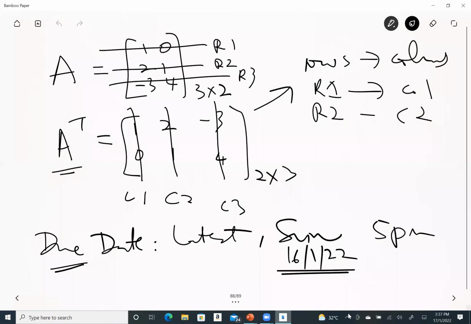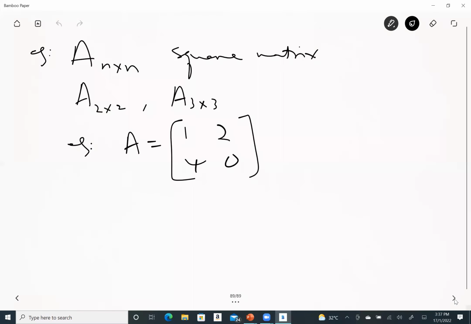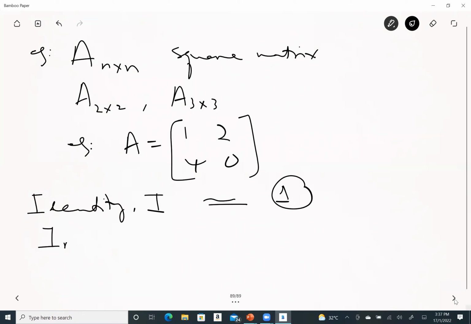Another type of matrix is what we call the identity matrix. So identity matrix, we denote that by I. So this is just like number 1. I is a square matrix n by n. You cannot have I that is not n by n.